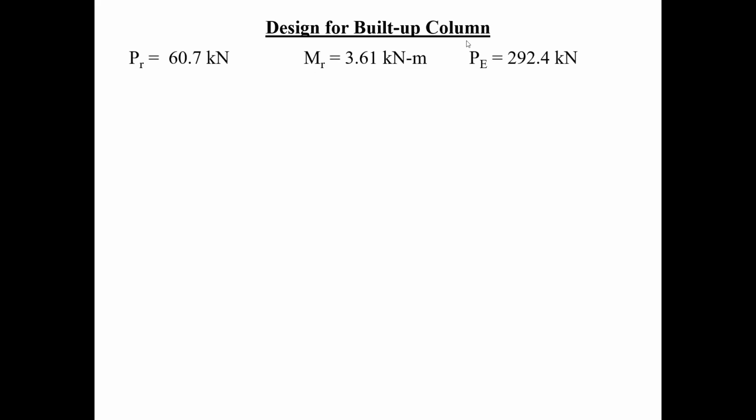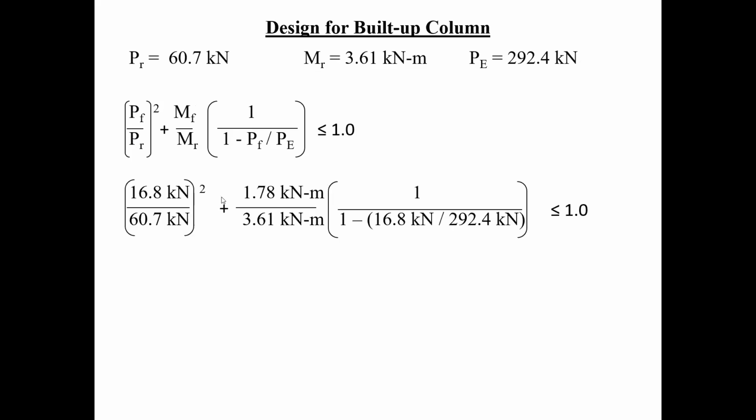And of course, all of these values stay exactly the same because these are the resistance of the materials. They've got nothing to do with the analysis. And therefore, we can just take these values here and put them in the interaction equation and check to see if the ratio of both the PF over the PR squared, MF over MR multiplied by this amplification factor here, is still less than 1. And of course, okay, we put in all the values, and now I'm up to 0.63.